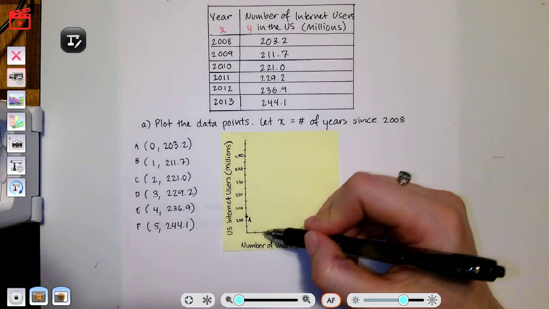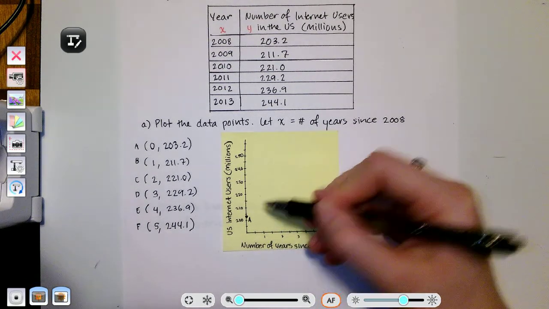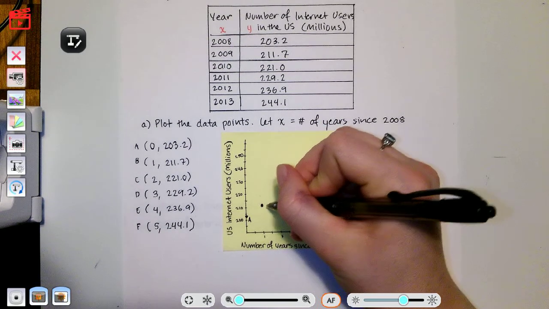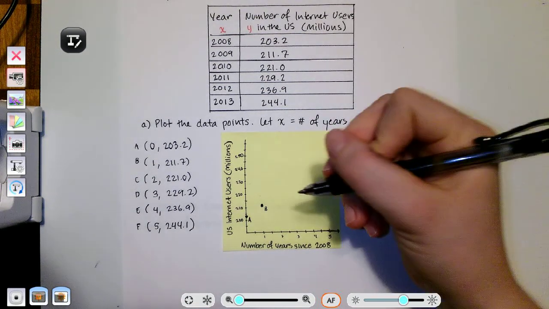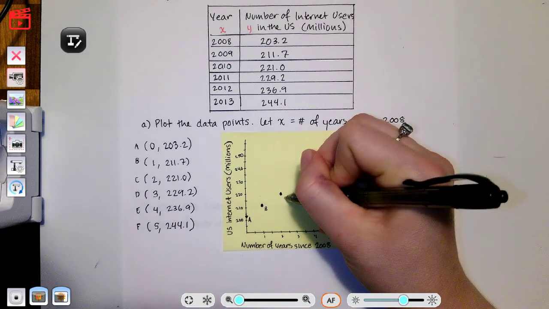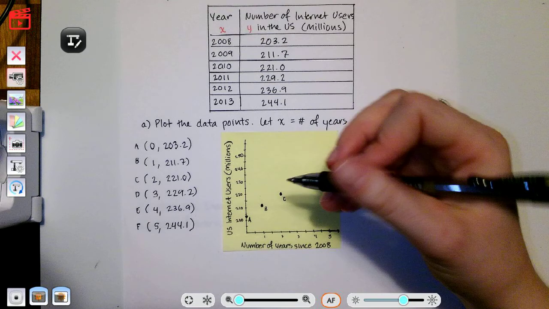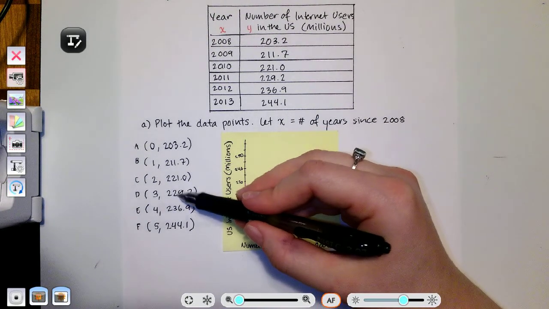All right. Year 1, we're looking at 211. It's about there. That was point B. Year 2, we're looking at around 220. That point, let's call it C. Year 3, we're looking at almost 229, that's almost 230.